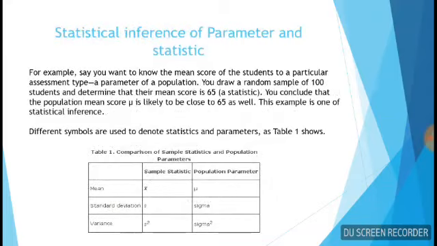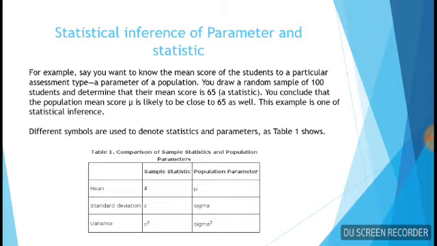Statistical inference of parameter and statistic. For example, say you want to know the mean score of the students on a particular assessment, a parameter of a population. You draw a random sample of 100 students and determine that their mean score is 65, which is a statistic of the sample. You conclude that the population mean score mu is likely to be close to 65 as well.